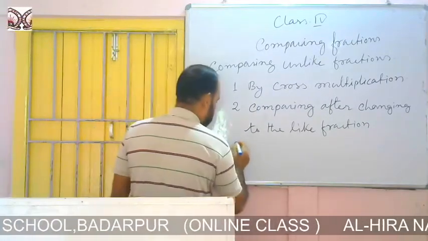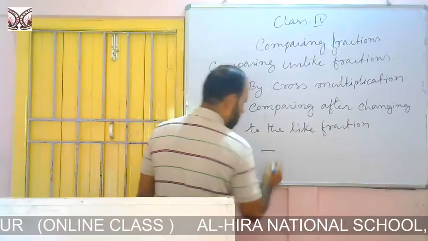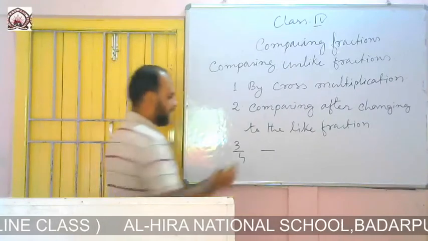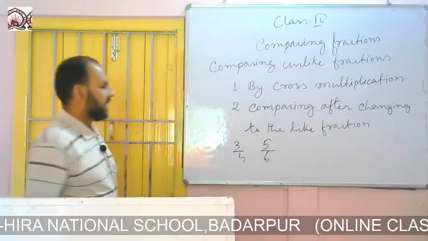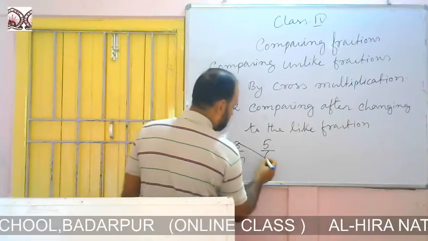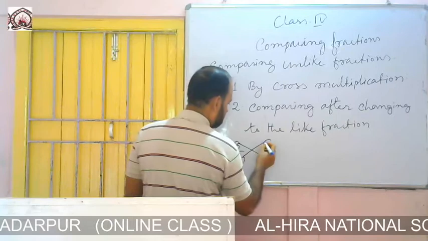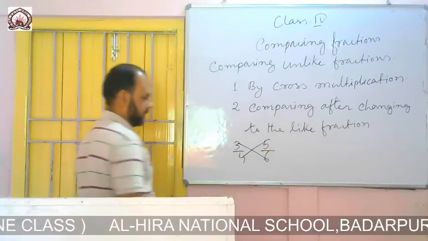suppose the fractions are 3 by 4 and 5 by 6. By cross multiplication, we compare which one is greater and which one is smaller.